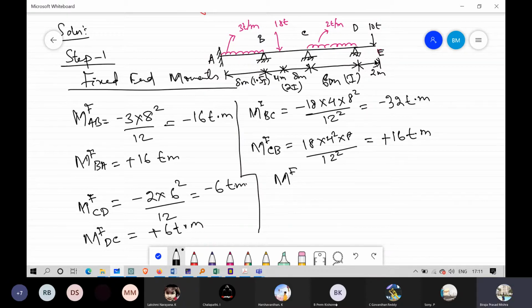Twenty, sir. Twenty, yes. But directly, that won't be a fixed end moment; we can write it directly as the moment due to the cantilever portion.